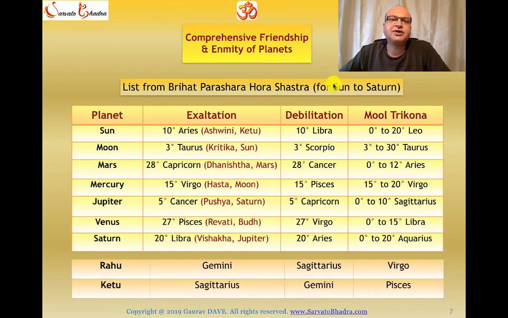So here is the list of exaltation, debilitation, Mool Trikona signs of planets, and the real meaning of these points in space and these situations, and accordingly the behavior of the planets will be more evident once we understand the meaning of these terms. So we'll take up this slide again.